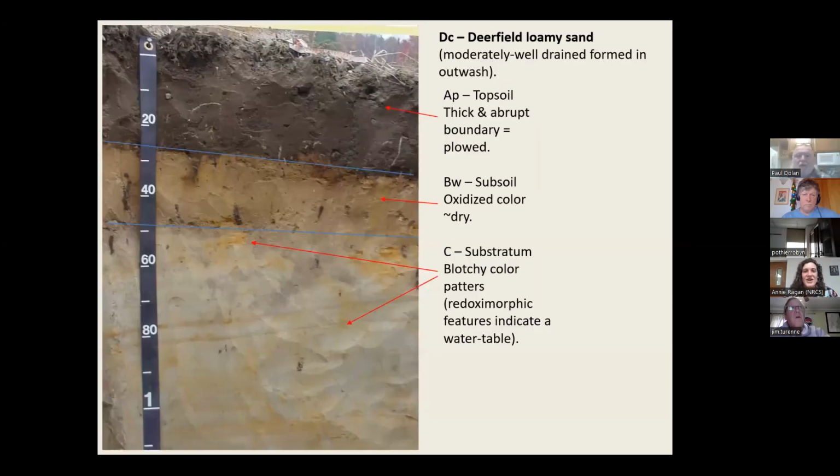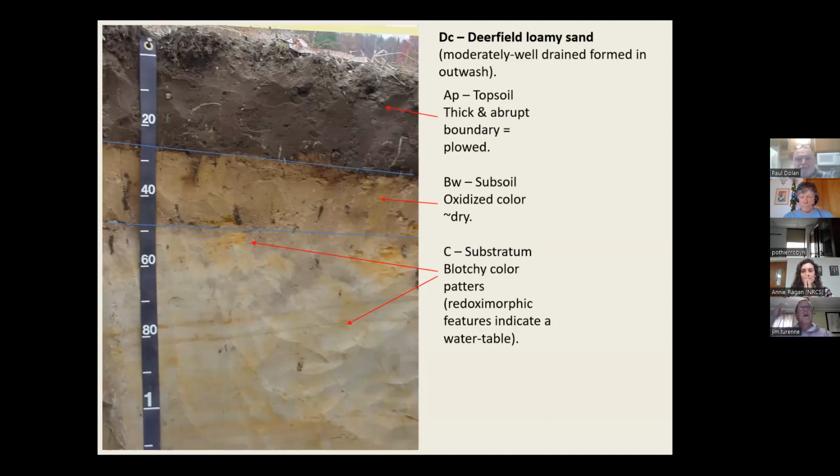No, you stopped sharing your screen. See, I don't like the Zoom stuff. All right, hold on. I've got to figure out which screen to show. PowerPoint. No, it's not showing up on my monitor. Dang it. There we go. All right, beautiful. So now you're seeing that top screen. Yep. Better? Okay, so you can see a Deerfield soil, right? Yes. Okay, sorry about that.